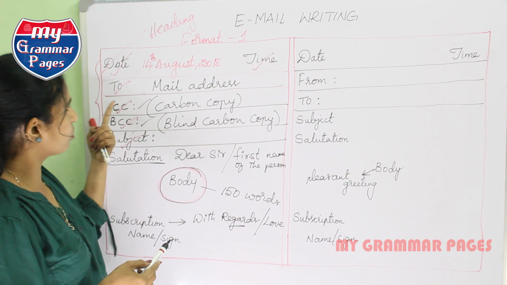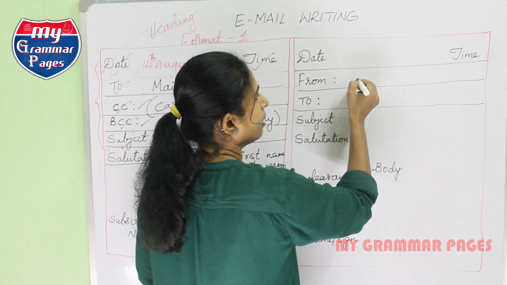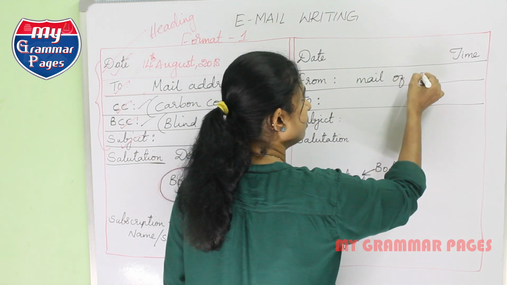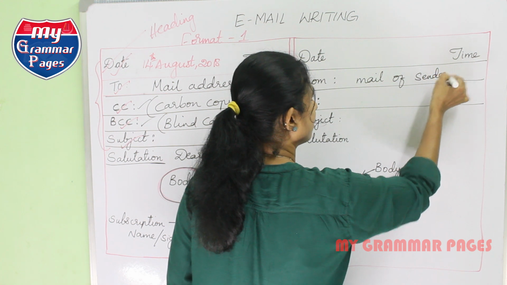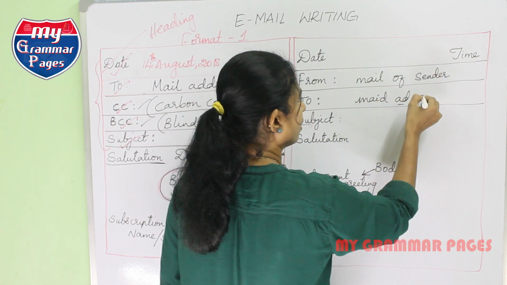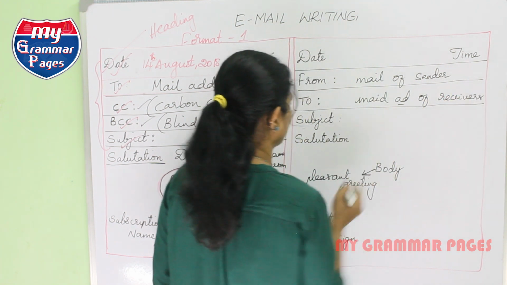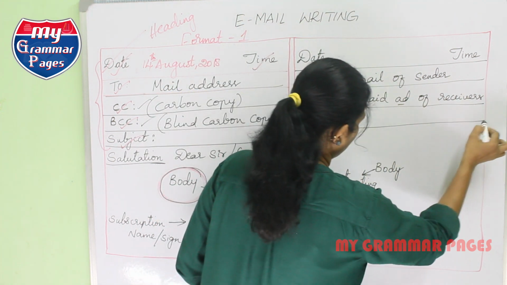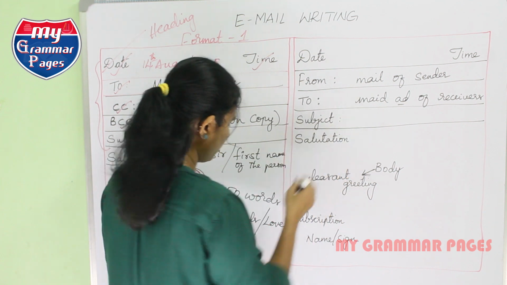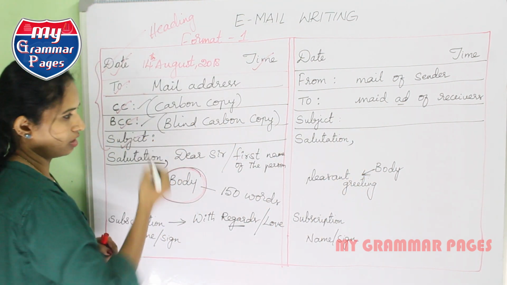Here we have only 2 addresses: the mail address of the sender, and here the mail address of the receiver. So you need to give both the mail addresses. And coming to the subject part, it should be in a box. And salutation, as usual, I forgot to tell you, there must be a comma after the salutation.